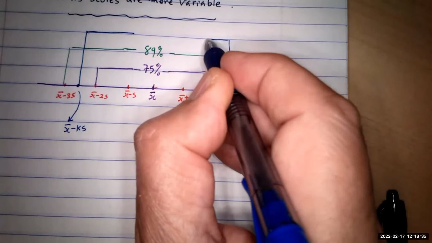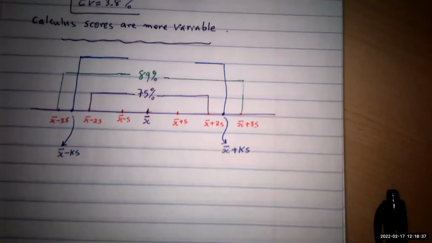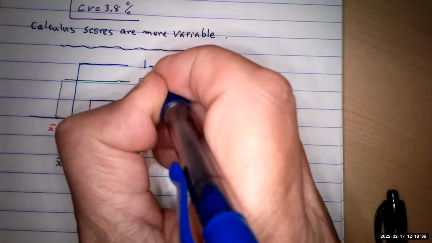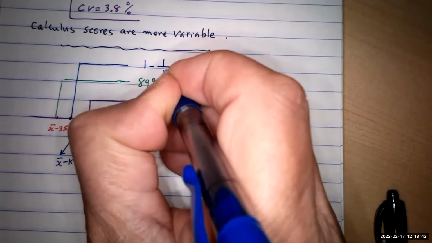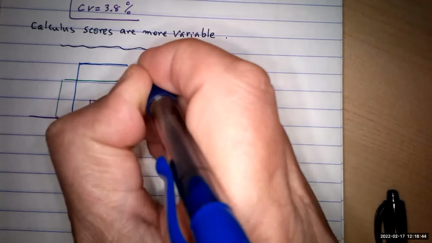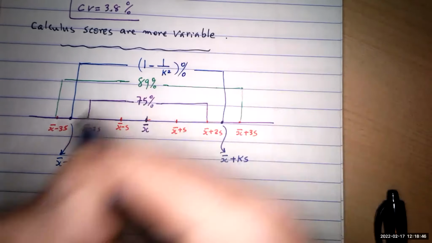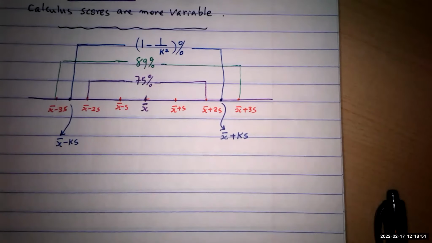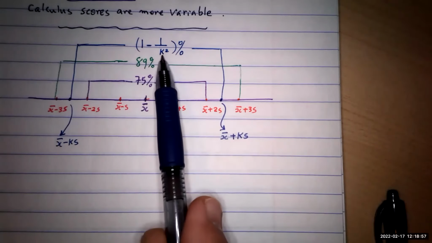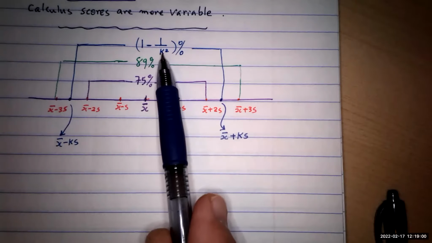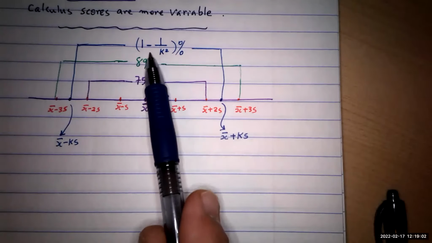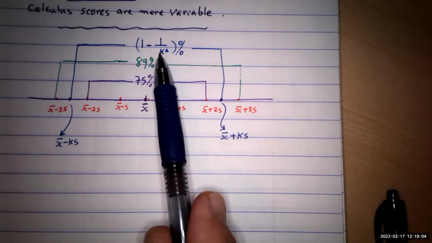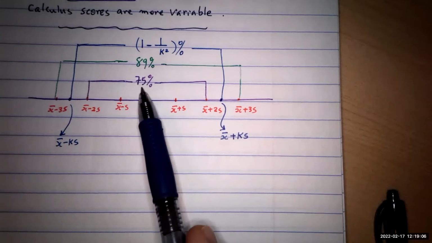He proved that at least 1 minus 1 over K squared of your data must be within K standard deviations from the center. Quite an interesting result. If you put K equal to 2, that gives 1 minus a quarter, which would be 3/4, which is 75%.